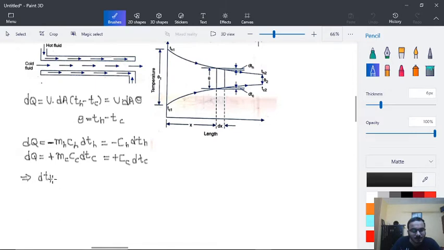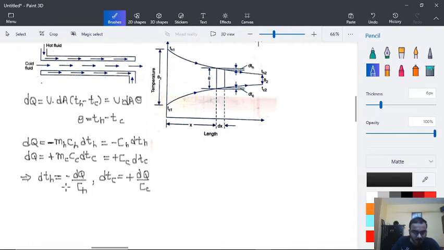dTh is equal to minus dq divided by capital Ch, and dTc can be written as plus dq upon capital Cc.